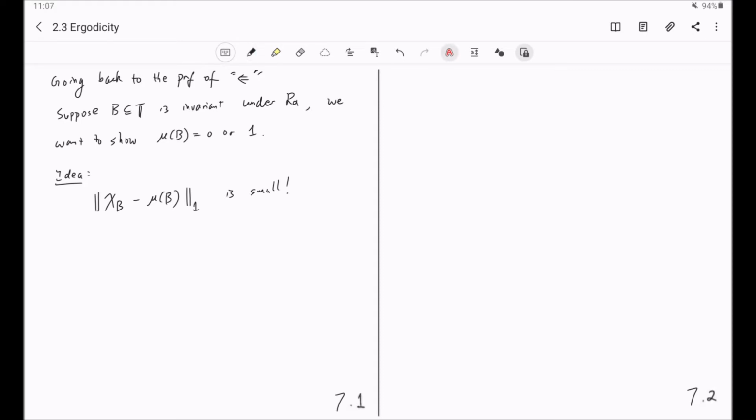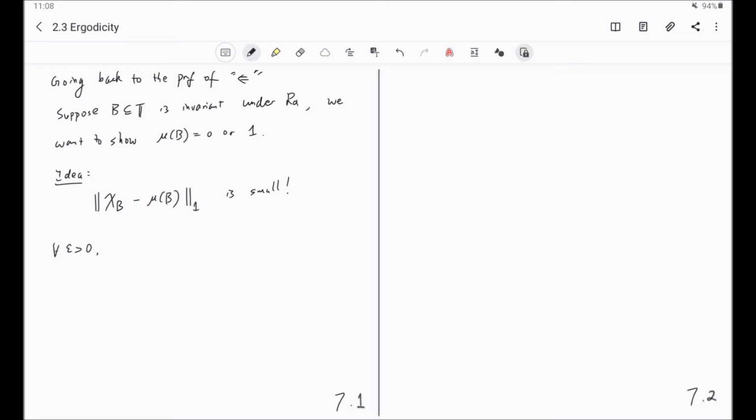And the tricky part will be to use the triangular inequality and some approximations to bound this. So for any epsilon greater than 0, the really tricky part is that you're going to insert in between some other functions, and use the triangular inequality to split this norm.